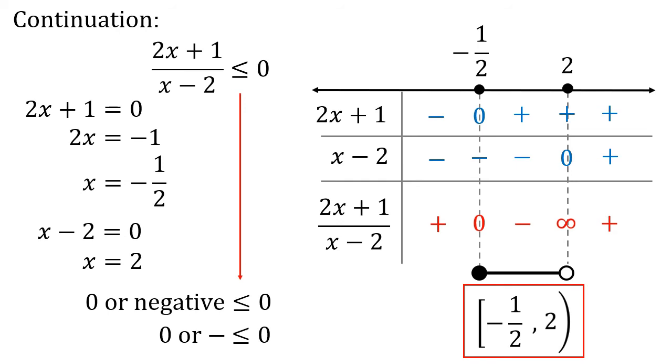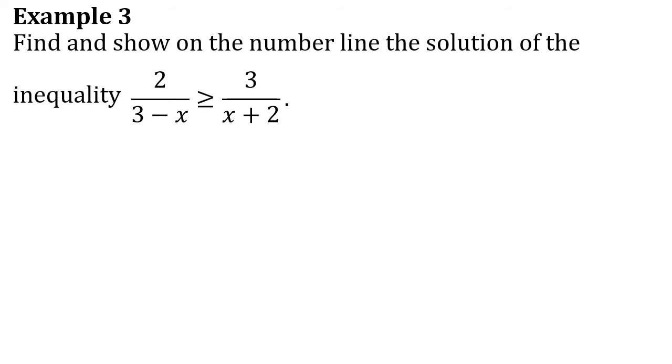Okay, and then for our example number 3, find and show on the number line the solution of the inequality 2 over 3 minus x greater than or equal to 3 over x plus 2. Okay, so greater than or equal to is our inequality symbol.